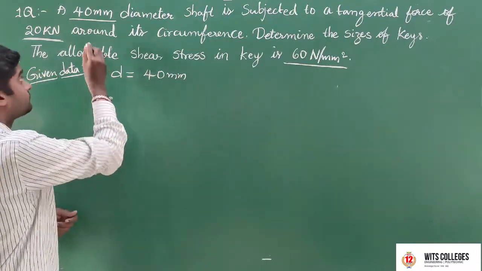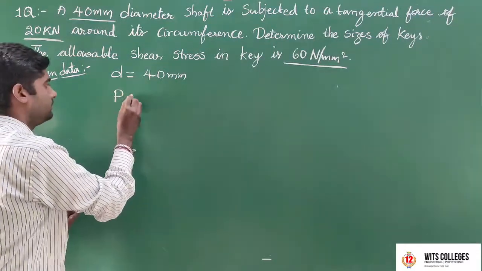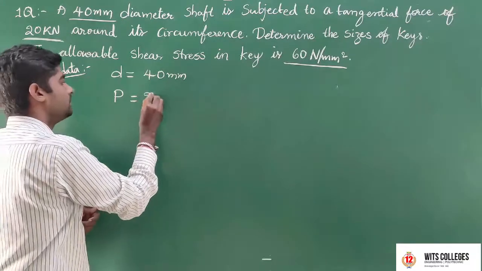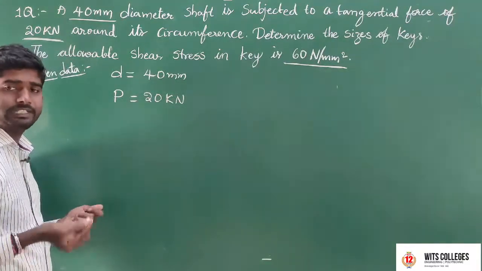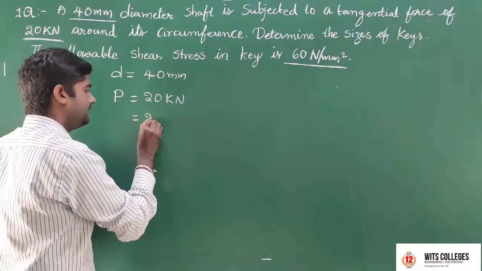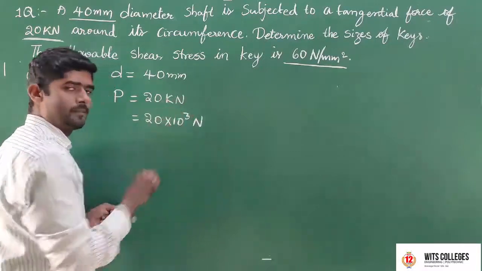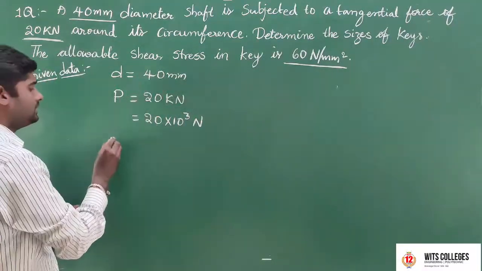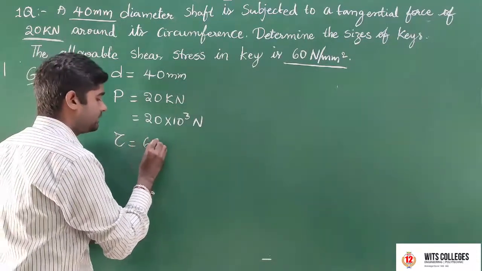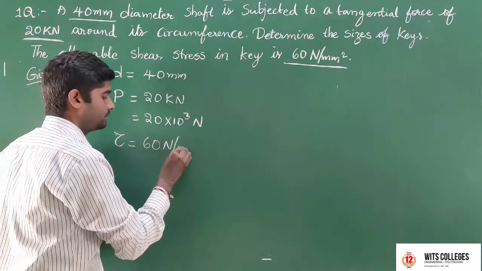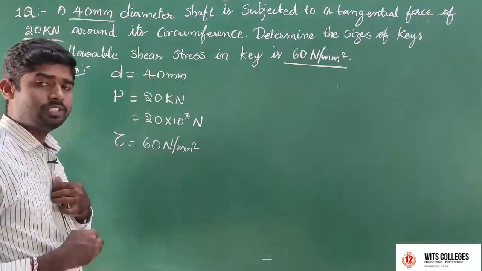Load is denoted by P is equal to 20 kilonewtons. Converted into newtons, 20 into 10 to the power of 3 newtons. Shear stress is denoted by tau is equal to 60 newtons per mm square.